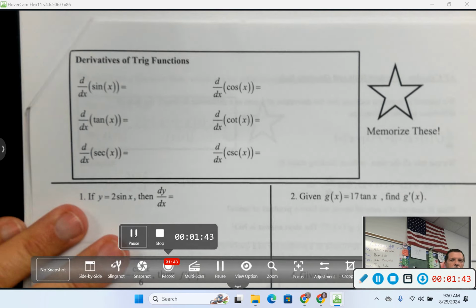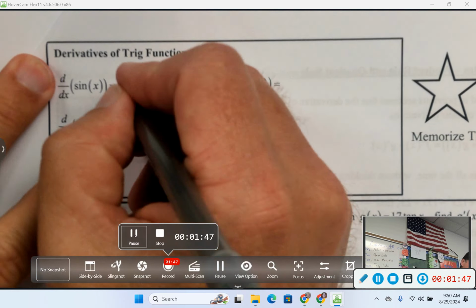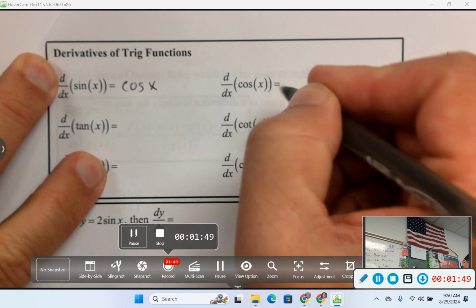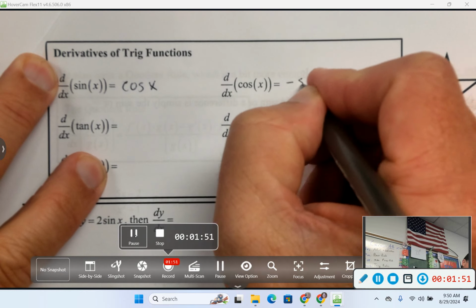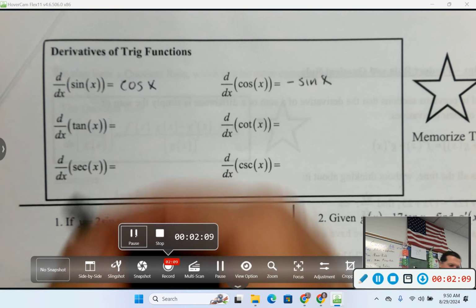Okay, so here's the box of all 6 trig functions. So we just did sine and cosine. Did we do all of these last year? Yes. But then I'm going to ask the next question. It's going to get real quiet. The derivative of tangent? Is secant squared.